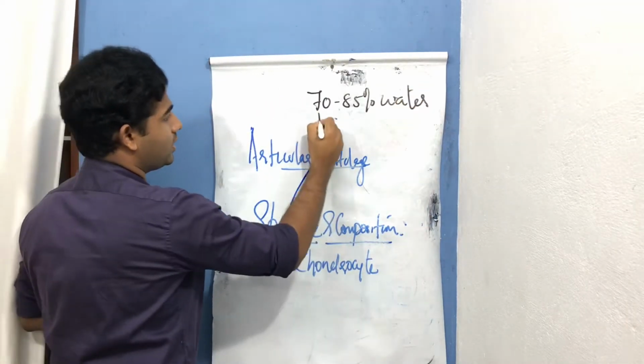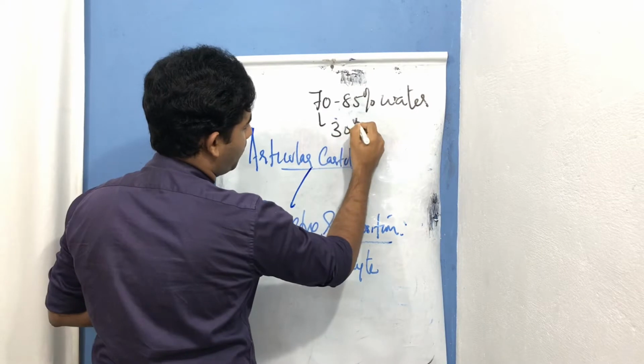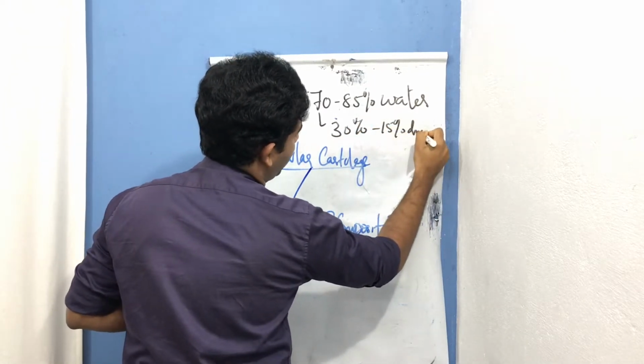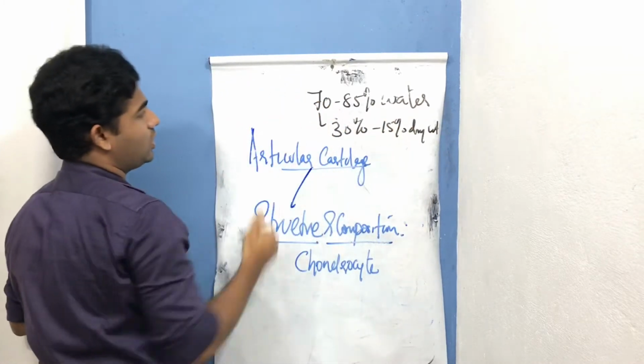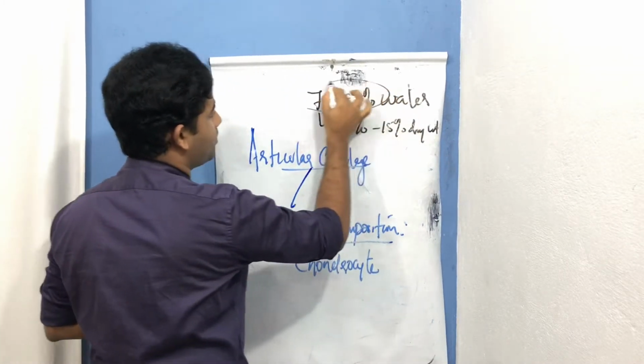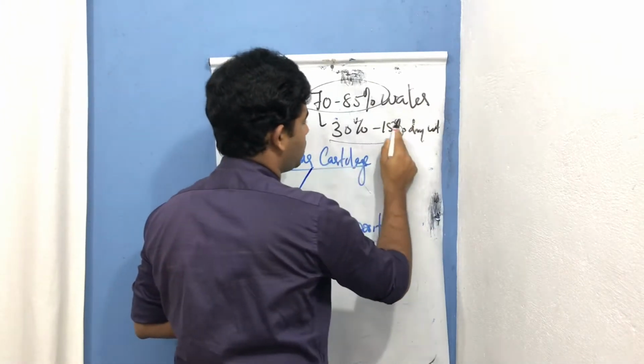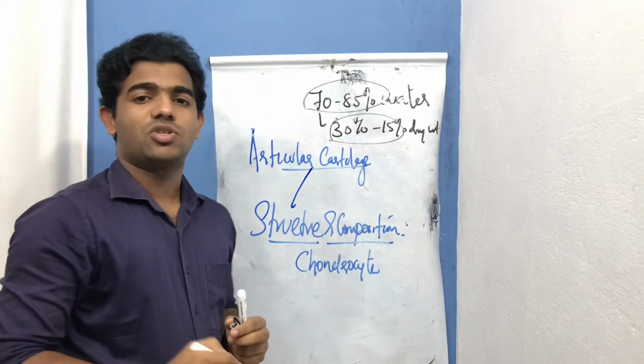And how much is remaining? Approximately 30 to 15% is the dry weight. Okay, this is 100% weight. In that, 70 to 85% is formed by the water, and 30 to 15% is the dry weight.